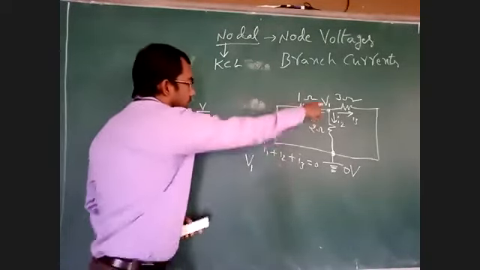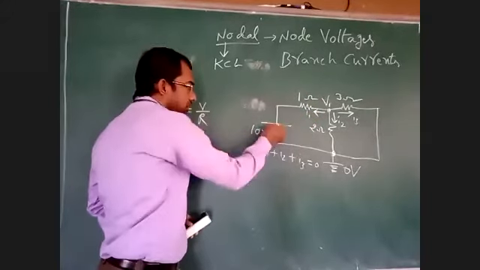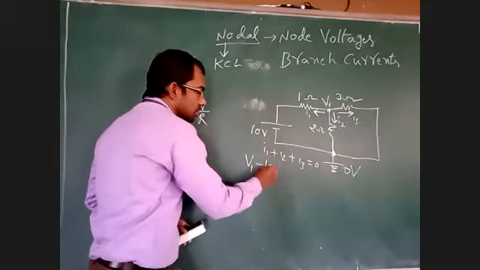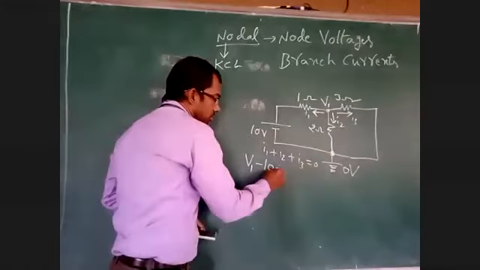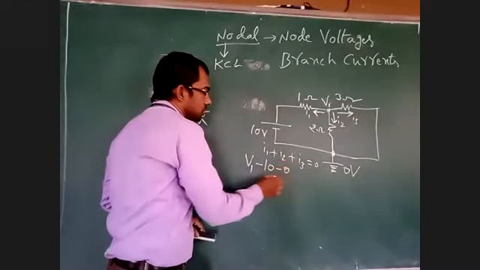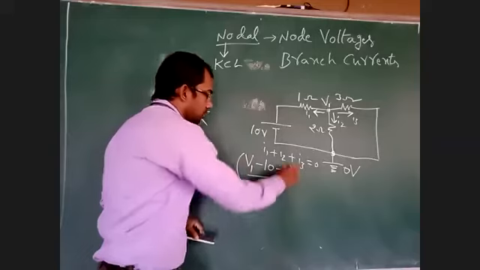V1 is higher potential, and the arrow is moving from plus to minus. If the arrow is moving from the positive terminal to the negative terminal, what sign will you take? Negative. So V1 minus 10 minus 0 divided by 1.